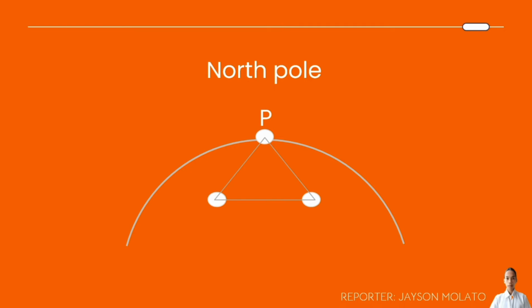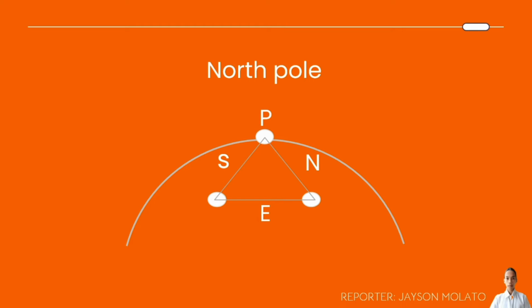At point P, if we walked 1 mile due south and then walked 1 mile due east and made a left and walked 1 mile due north, then we arrive at the same point, right? So the point P is located at the North Pole. So what was the color of the bear? Of course, it's white.